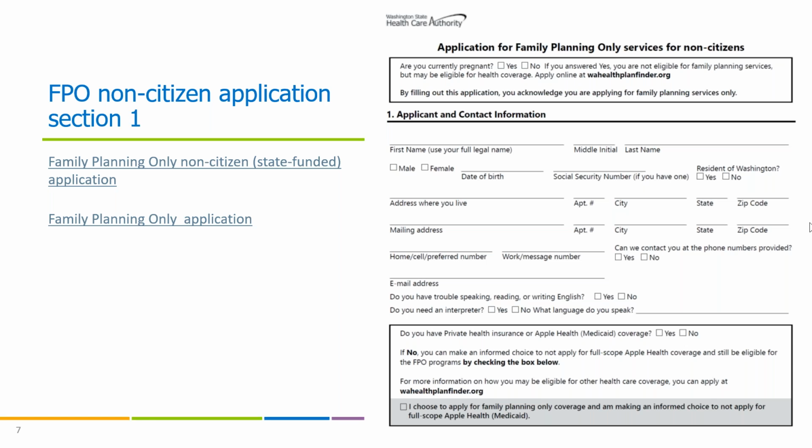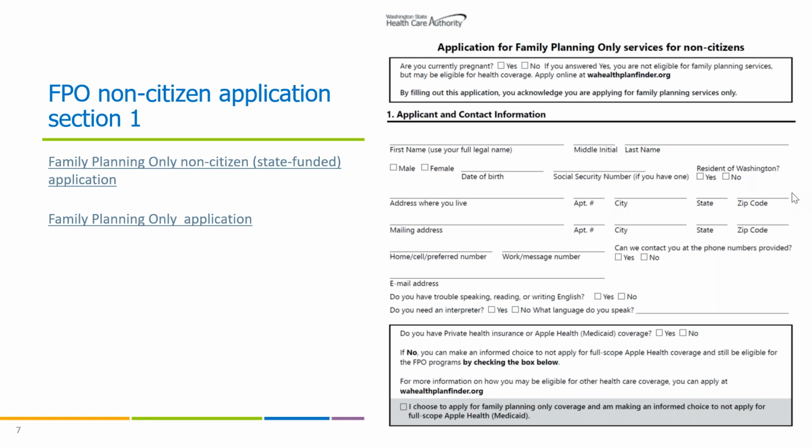They just have to mark the box or write it on the application, and then the staff would be able to see that and process it so that it's confidential.